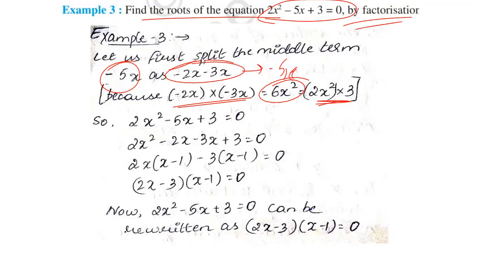Okay, so now write the equation which is given in the question. Write the equation, and in this step we have split the middle term. In this step, we have started grouping them.